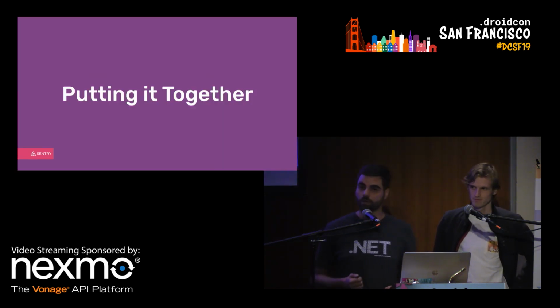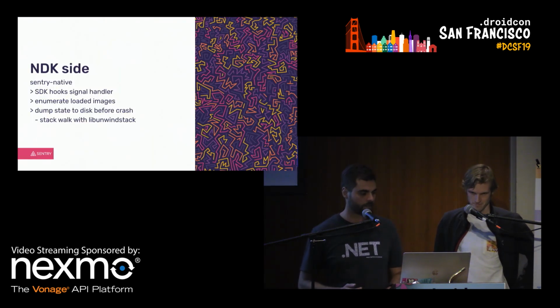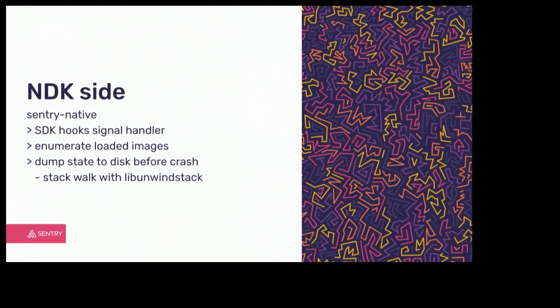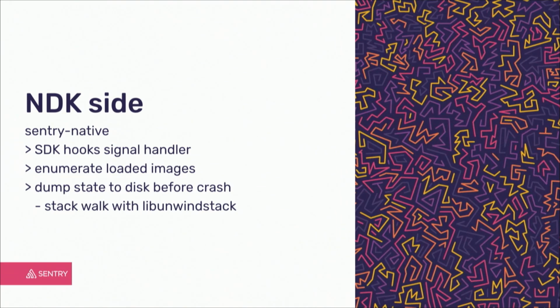So how do we put all this SDK together, with the stack walking on the client? First, on the NDK side, what we do is we hook to the signal handlers. We also have to load the loaded images, so we know what was loaded in the process. And lastly, when the signal handlers trigger, we do the stack unwinding and we dump to disk.